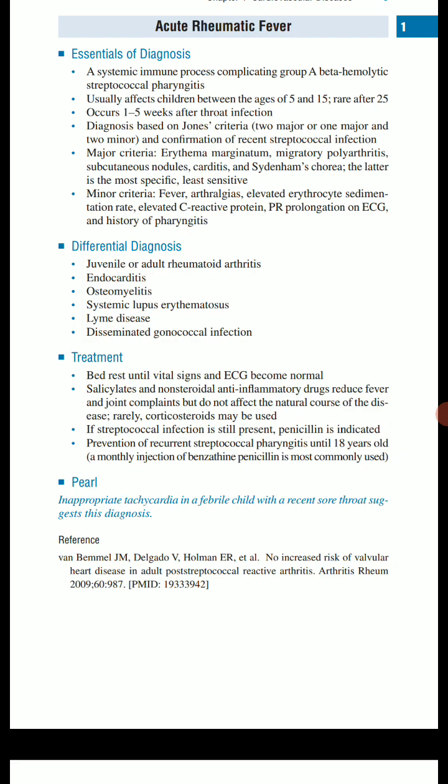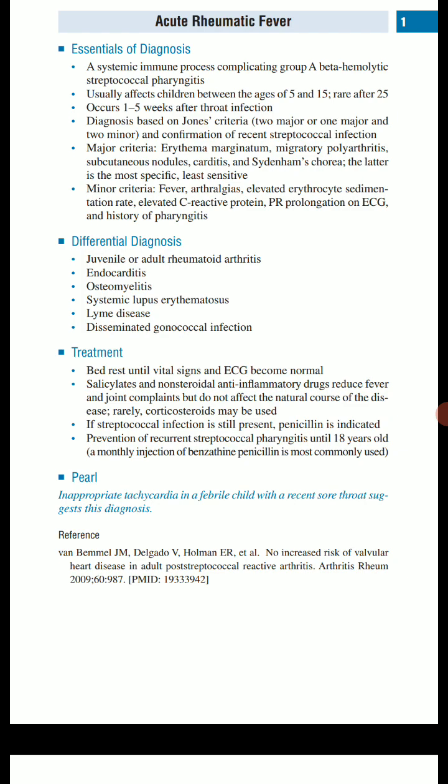If streptococcal infection is still present, penicillins may be indicated. And then prevention of recurrent streptococcal pharyngitis until 18 years of age. The monthly injection of benzathine penicillin is the most commonly used.